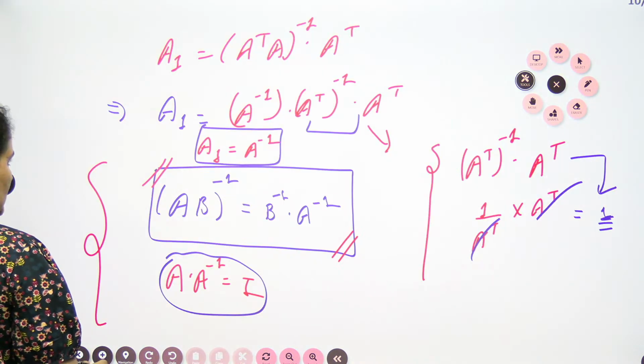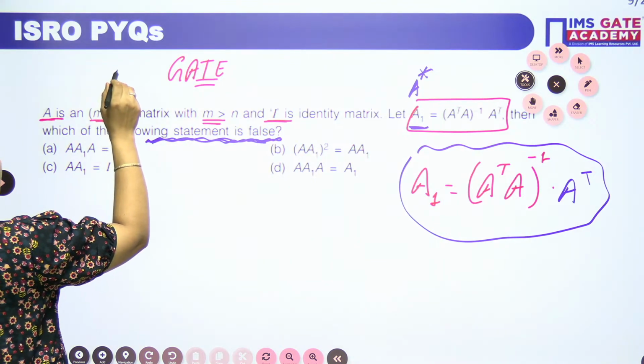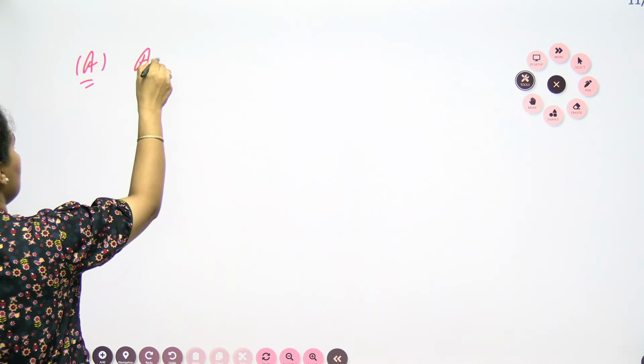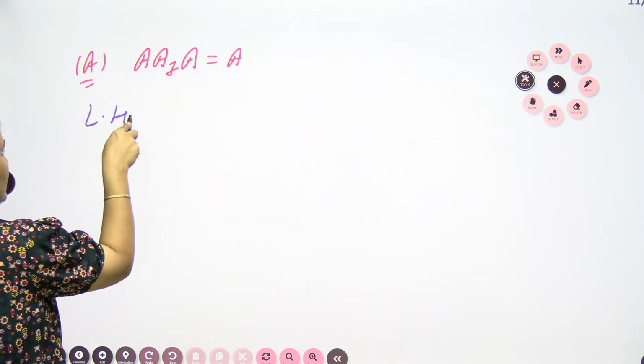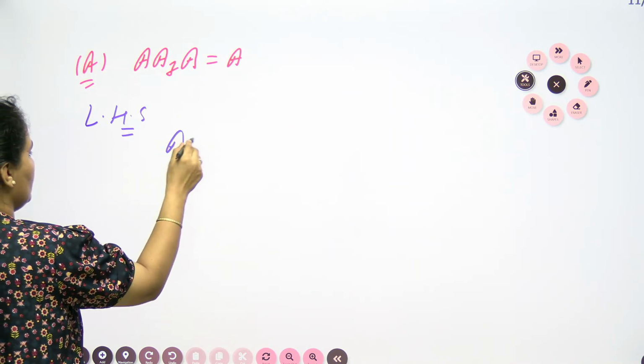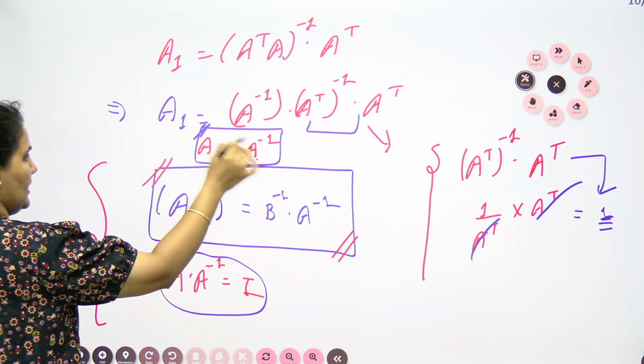Let's start with option A. What is written in option A? A into A1, A equals A. We need to check the left hand side, LHS. When I go with this one, A1, A, at the place of A1, I can put A inverse.